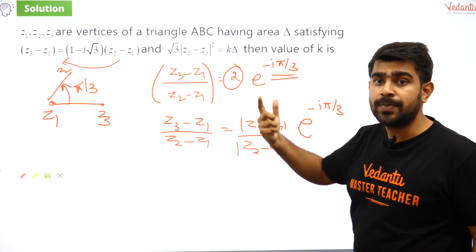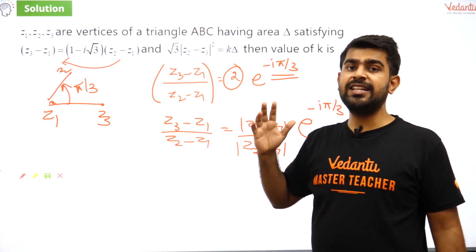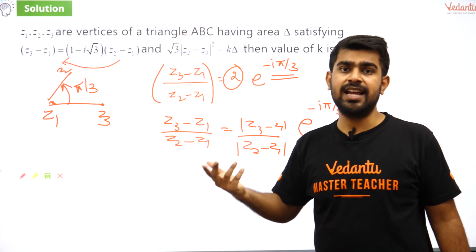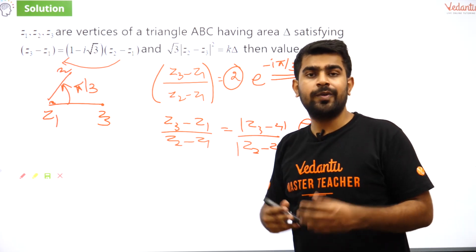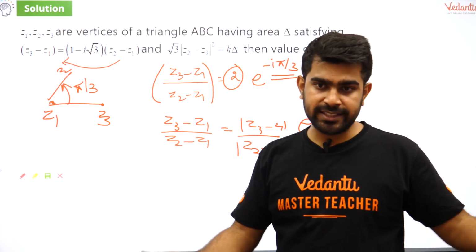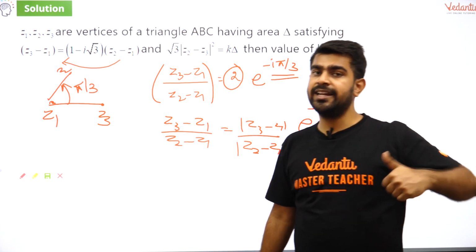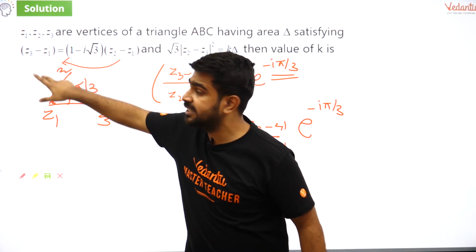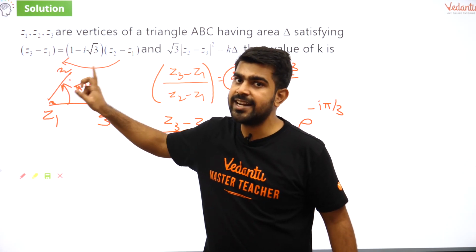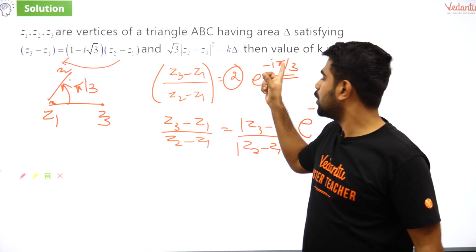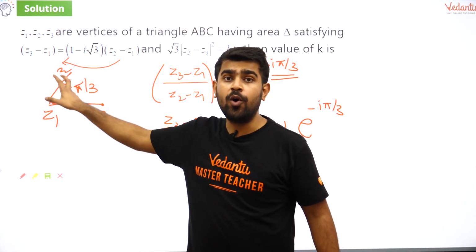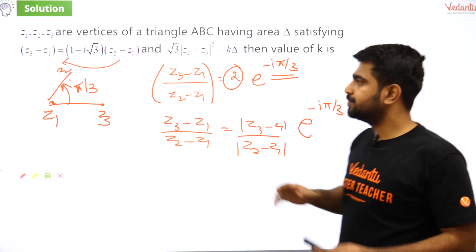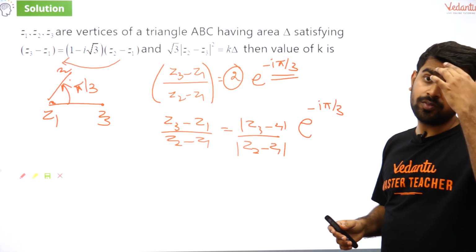Now I have minus pi by 3. What does that mean? That means I am going in the clockwise direction as opposed to anti-clockwise. Whenever you go anti-clockwise, you take it positive, and whenever you go clockwise, you take it negative. So if I went anti-clockwise, I would have put Z3 here. Are you all getting it? Because it is clockwise, I put Z2 over here. Okay, I hope all of you are following.